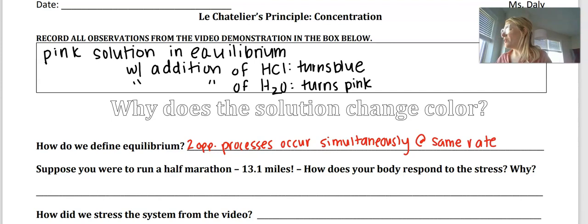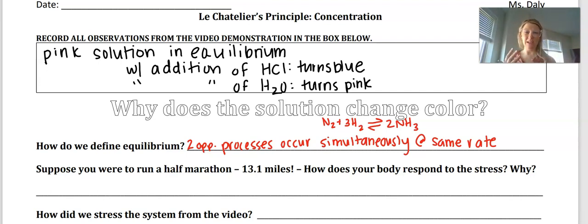So again, we've focused heavily on the equilibrium between the synthesis of N2 and H2 to produce NH3, which is in equilibrium with the decomposition process of NH3 forming N2 and H2, or nitrogen and hydrogen gas. Okay, so we have these two processes, synthesis and decomposition, they occur at the same rate, and they're happening at the same time.